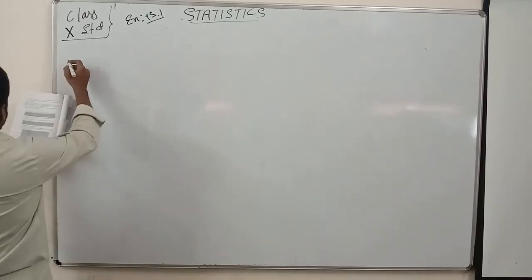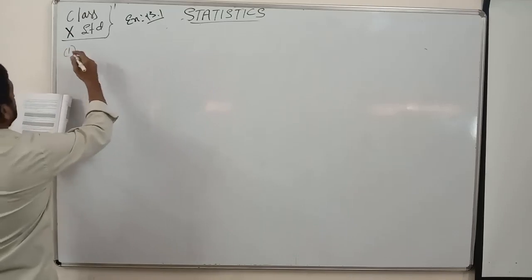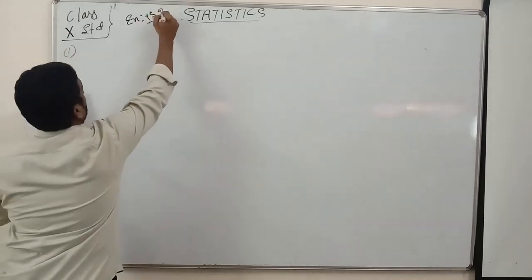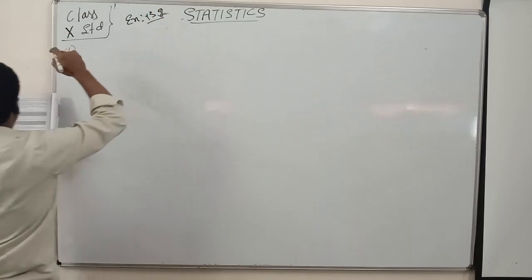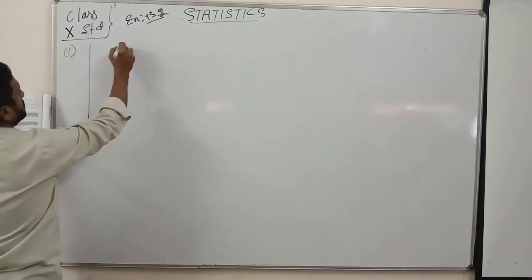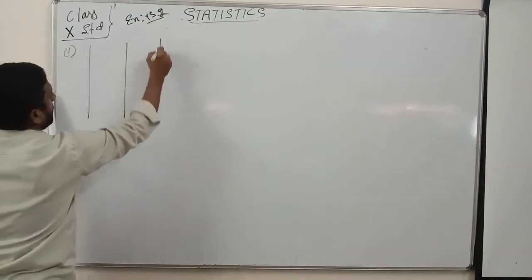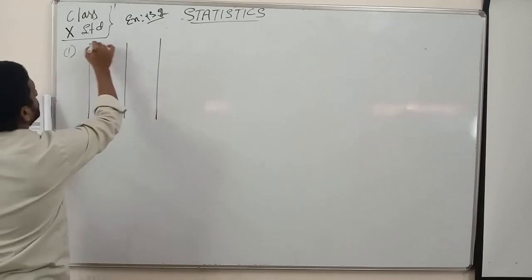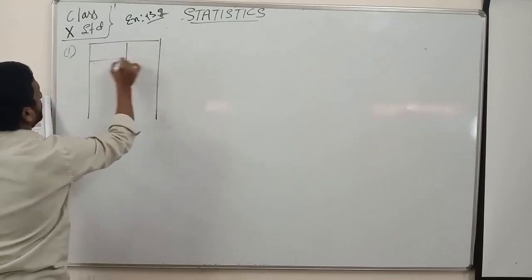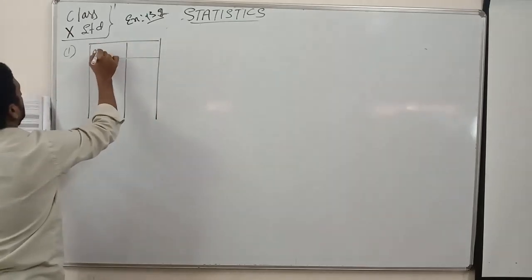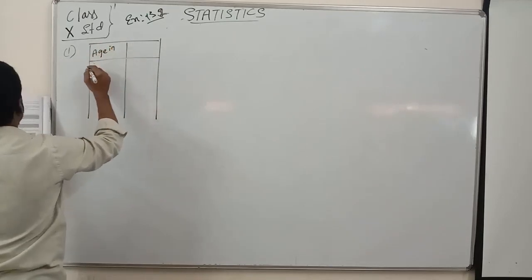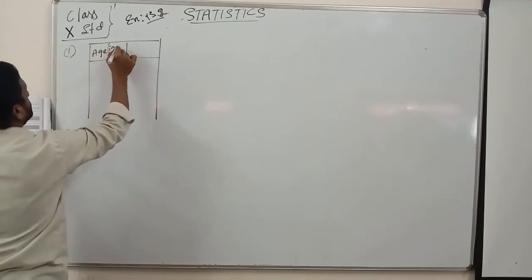The table given is in exercise 13.2. This is the first column: age in years.